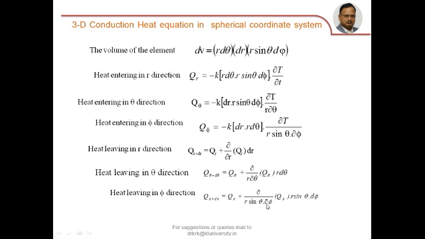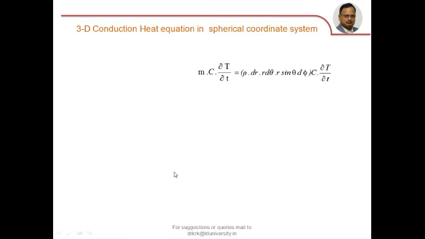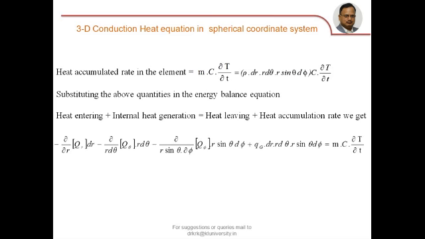So dou of q phi by r sin theta dou phi gives you the rate of change of heat in phi direction per unit length, over a length of r sin theta d phi, the total variation, plus the original q phi will give you the heat leaving at q_(phi+d phi). And heat generated in the volume is q_g into total volume, dr r d theta r sin theta d phi.